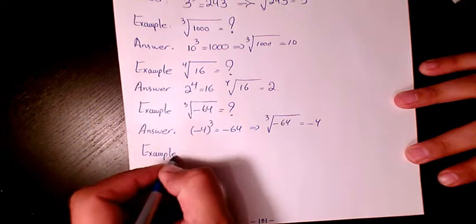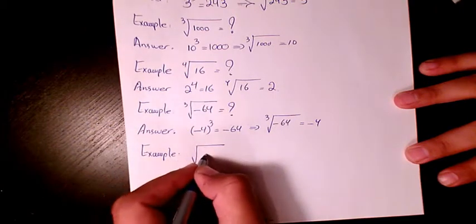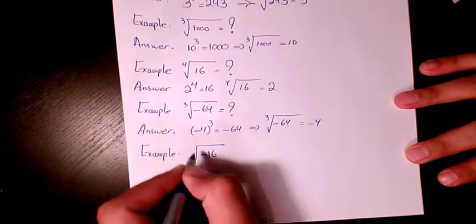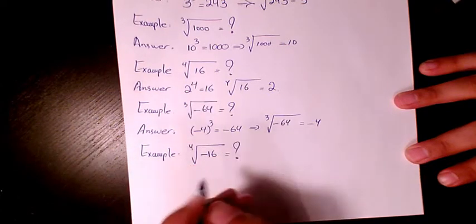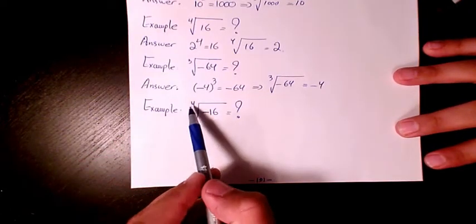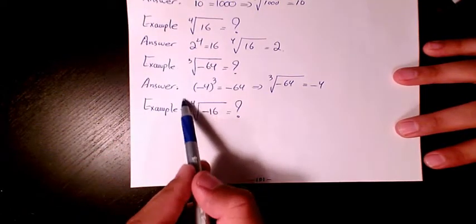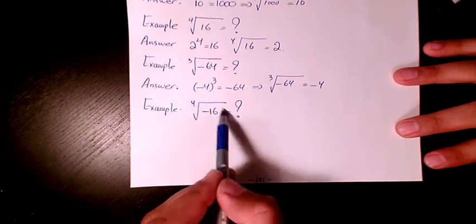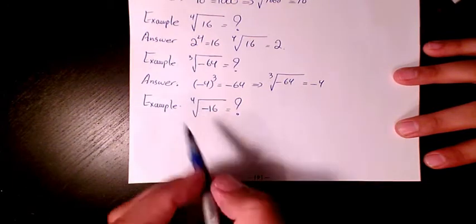Next example. The fourth root of negative 16. Now, since the root is an even number, there is no answer to this question. Why?